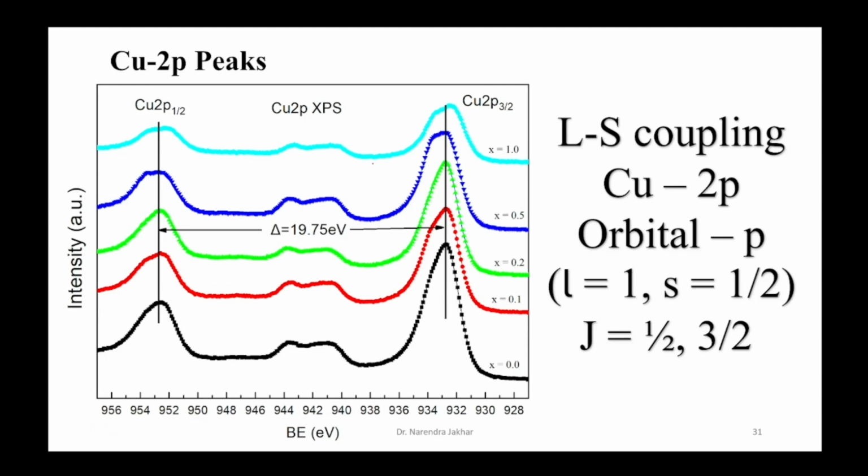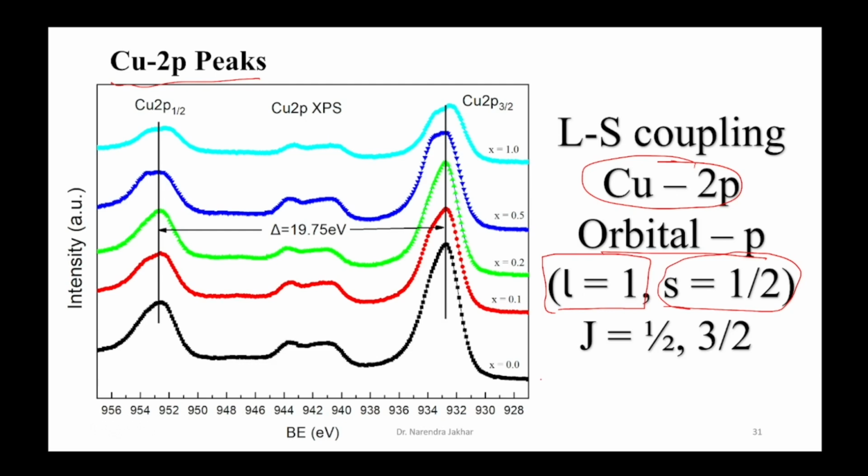Okay, this slide gives us the XPS fine scan spectrum of the Cu 2p peaks. Since we are analyzing the copper 2p electrons in the detector, for a p orbital, the orbital angular momentum is what? Perfectly 1. And the spin quantum number for the electron is what?